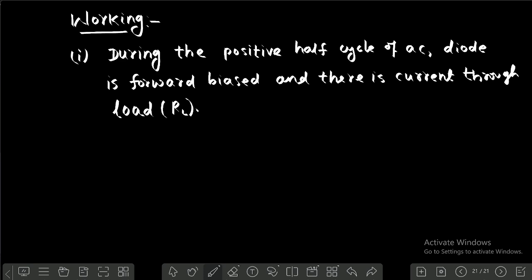The output voltage is obtained. So during the positive half cycle, the output voltage is obtained.